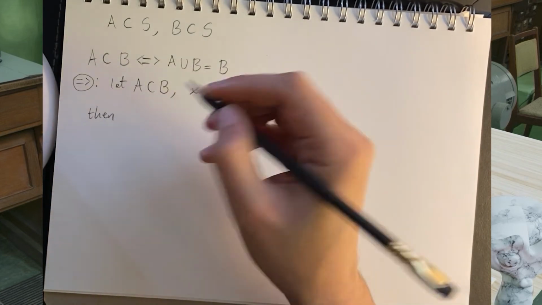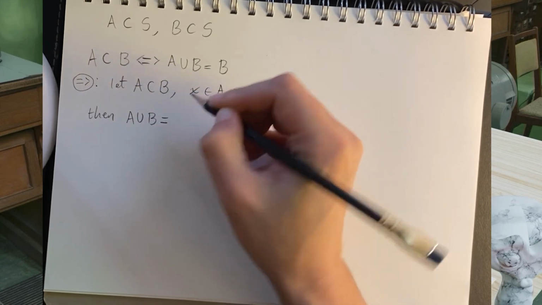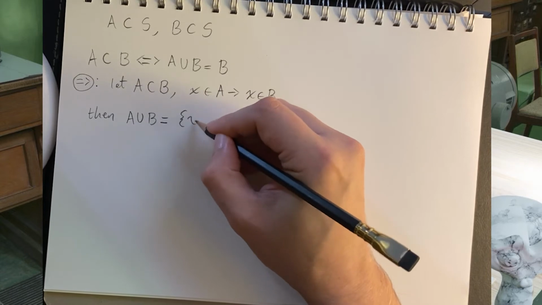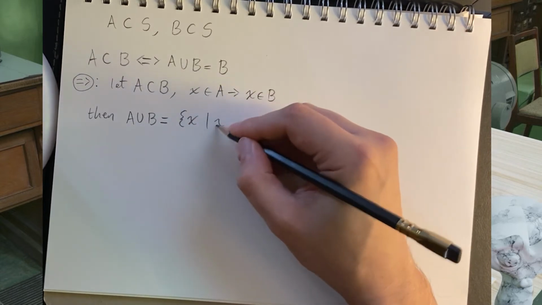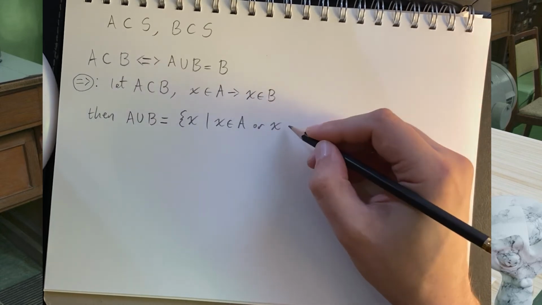We say then A union B is the set of points which is in either.